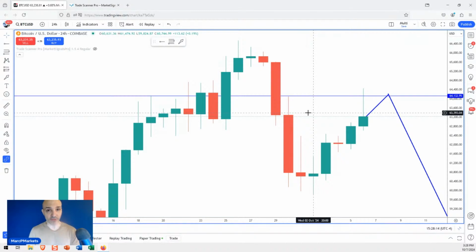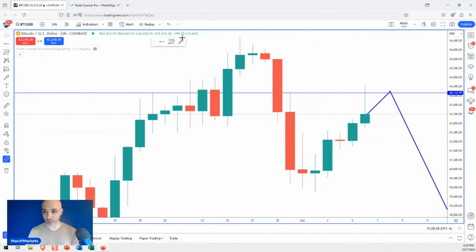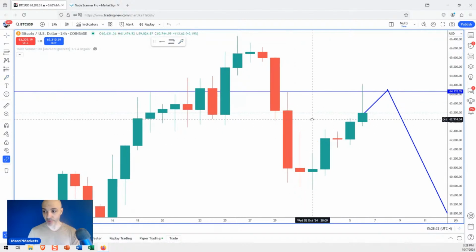But your risk should be defined so that if it doesn't work out, you're getting out at a reasonable price for a reasonable and expected loss. Not like, oh man, I'm stuck in this thing, I don't know where to get out. This happens to beginners all the time. So the point is, no confirmation, no trade, and this thing gets hammered.